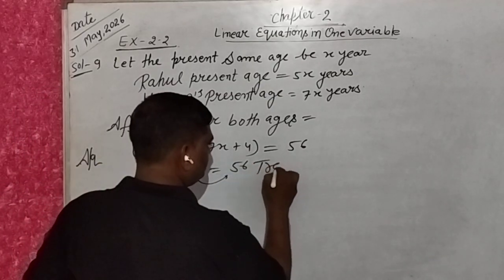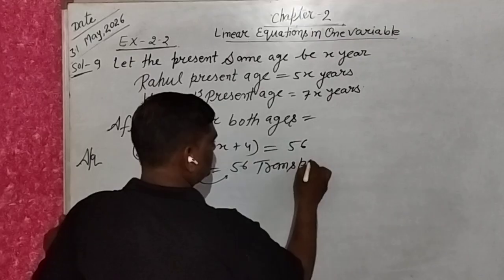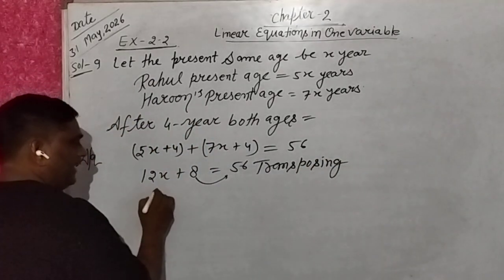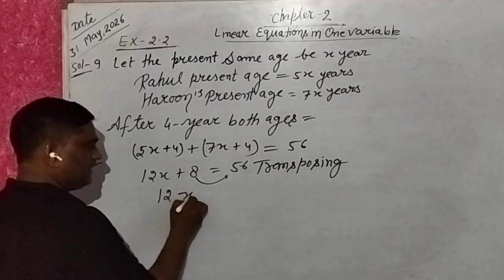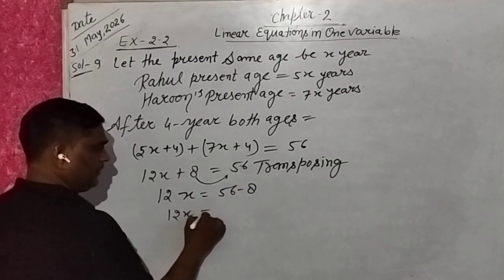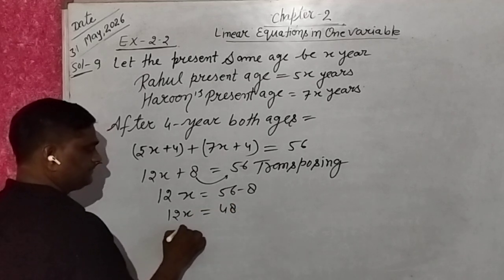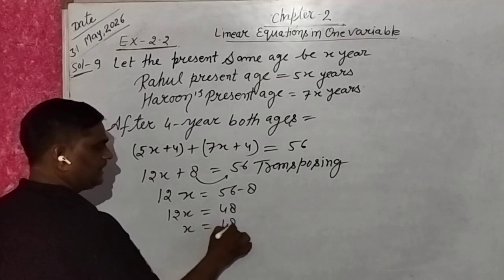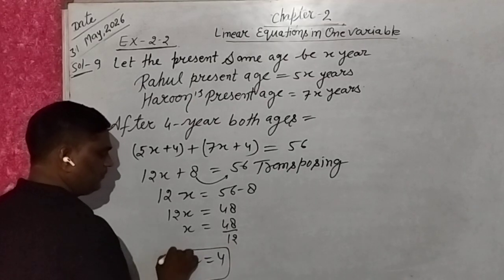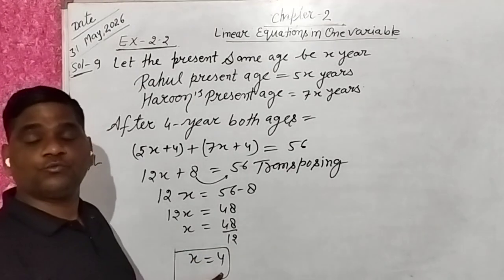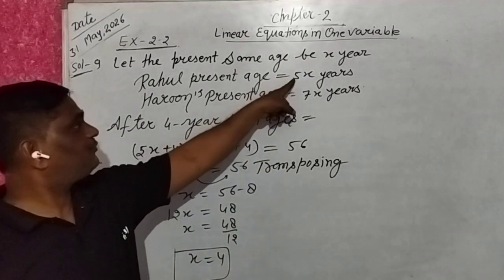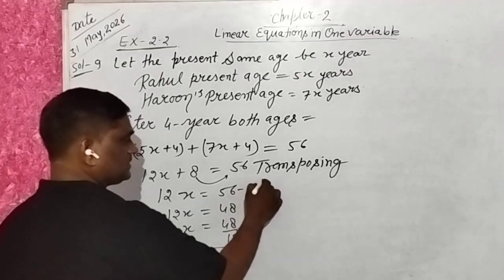Transpose: 12x is equal to 56 minus 8. 12x is equal to 48. x is equal to 48 upon 12. What is the value of x? 4.